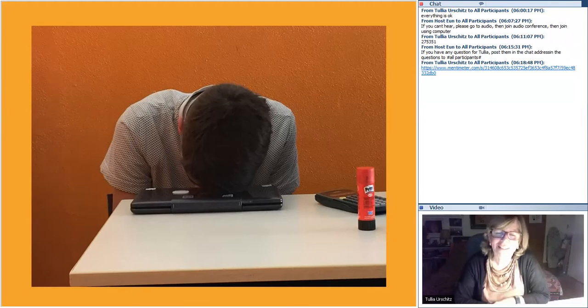This picture is from one of my students while I was explaining something with math. You can see also the calculator on the desk. And this is very common for many students because they think that they are not able to work with math. Sometimes it's only that they are not able to understand some concepts.